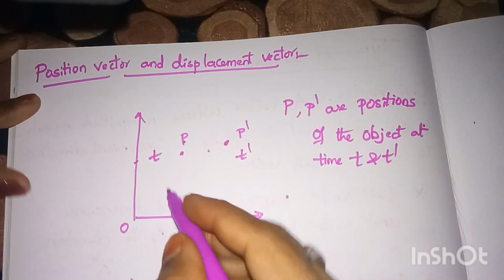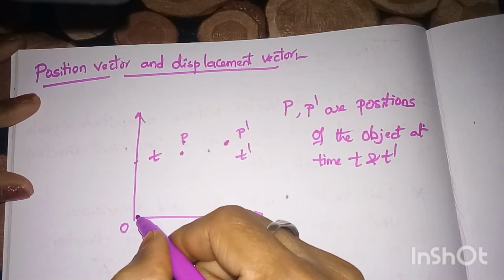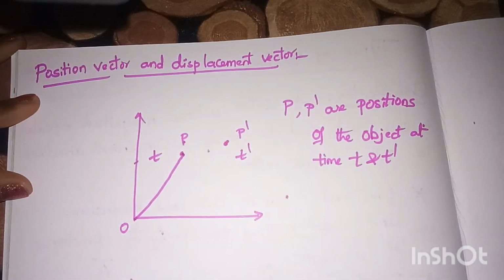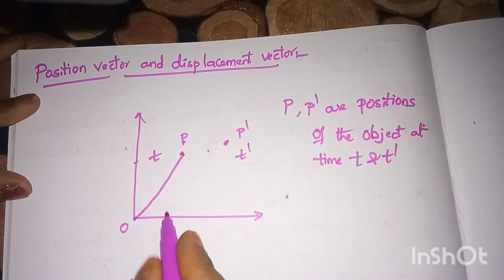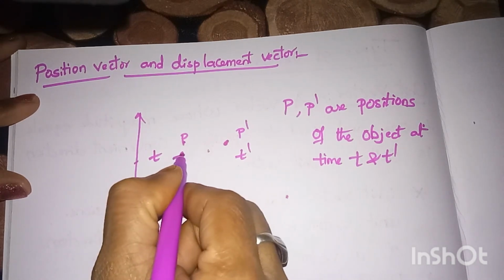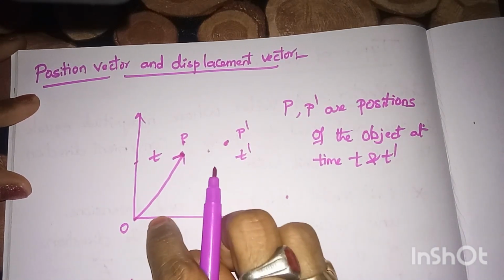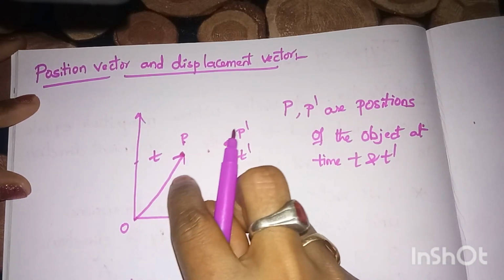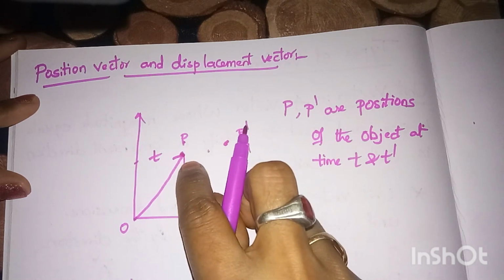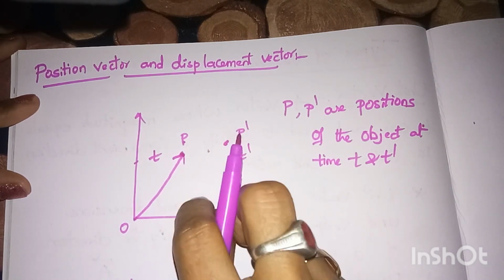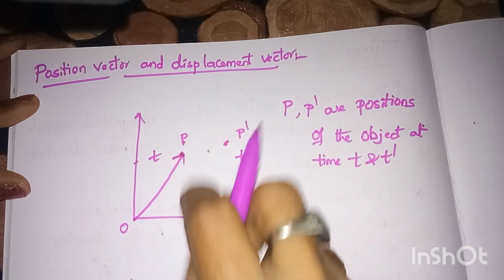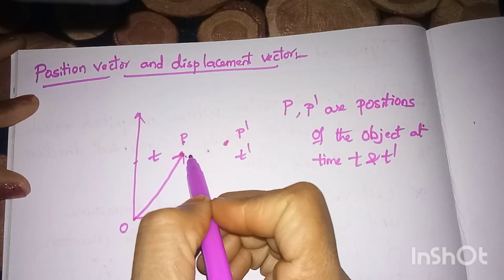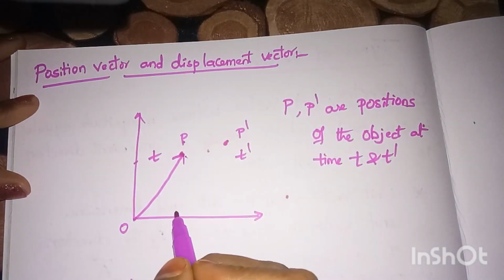Now draw a straight line from origin to point P, and draw an arrow here. This represents the magnitude of an object. The line represents magnitude, and the arrow mark represents the direction of the object to reach the point P. So the direction is representing the object position here.